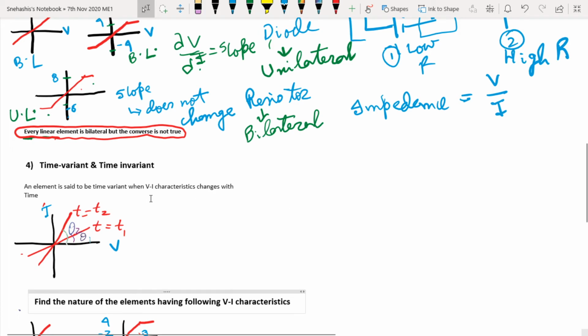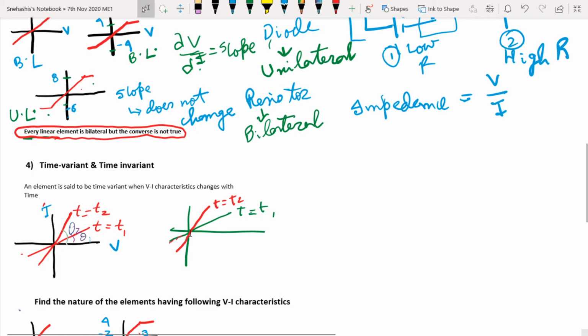Now an element is said to be time variant when the VI characteristic changes with time. You see, at time t equal to t1, in this diagram you can see the VI characteristic. At some other instant, t equal to t2, the same characteristic changes.